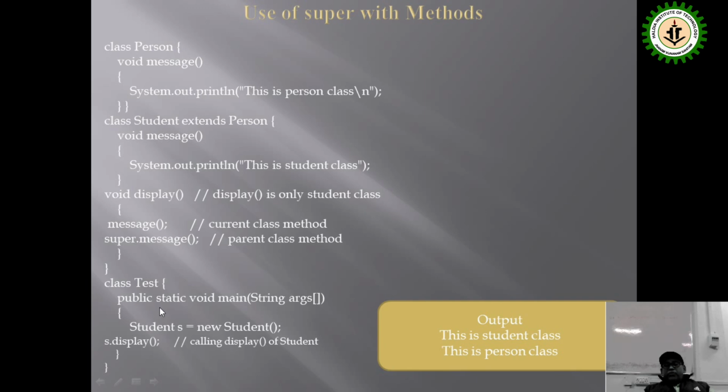When we create an object S of the Student class and write S.display, it calls the display of Student, then super.message calls the parent class method. The output will be: this is the student class and this is the person class. This is the use of super with a method.